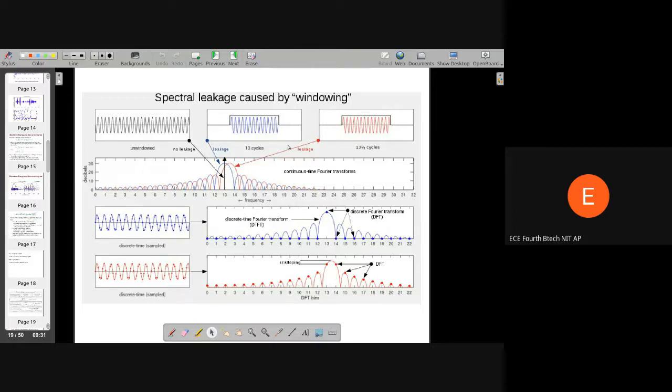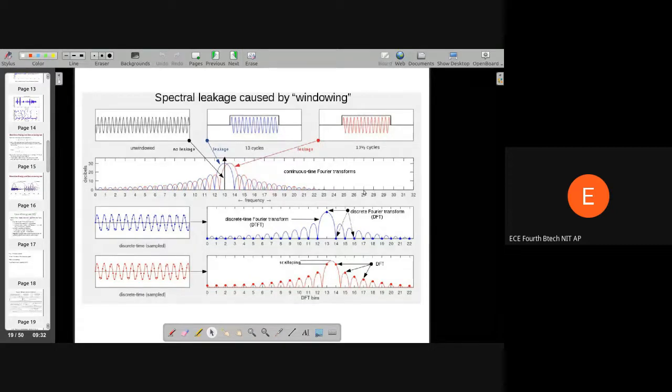The larger the window is, the smaller the main lobe will be, and the side lobes that you see will also decrease substantially. The smaller the window is, the wider the main lobe and the other side lobes are.